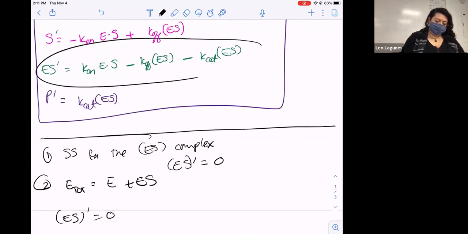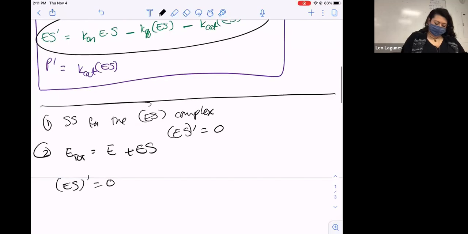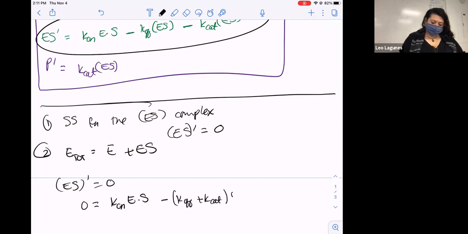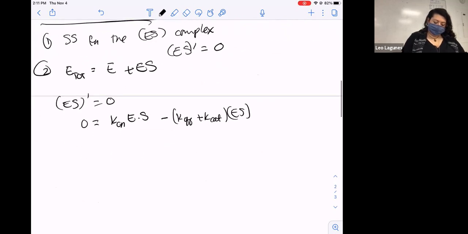So that means 0 is equal to K on times E times S minus, and I'm just going to simplify at this point, K off plus K cat times the complex ES. Okay. And we're going to solve for the complex.